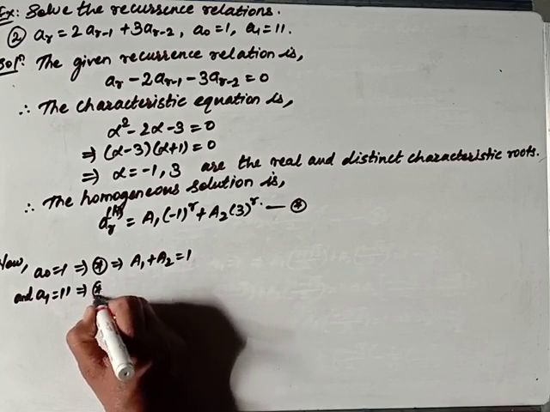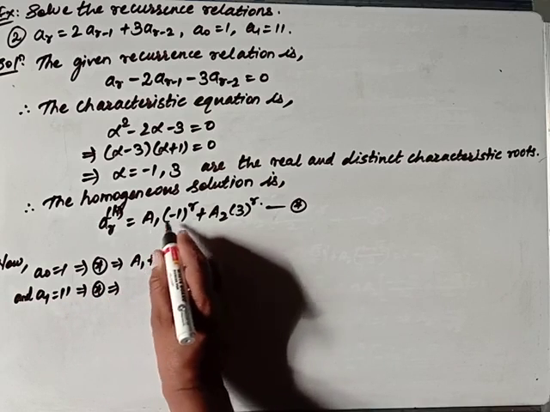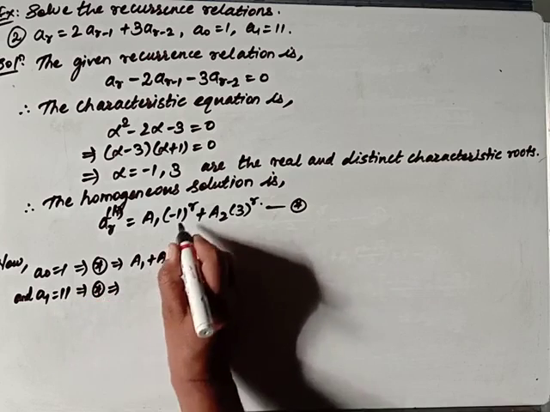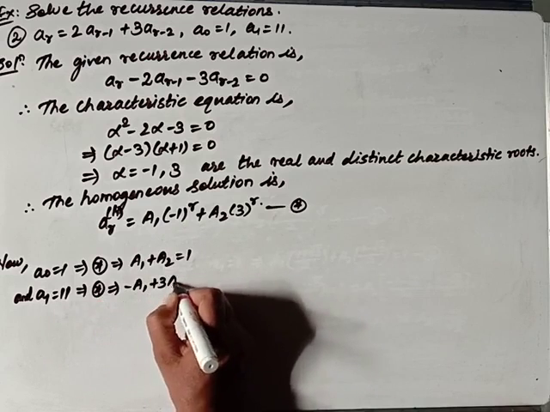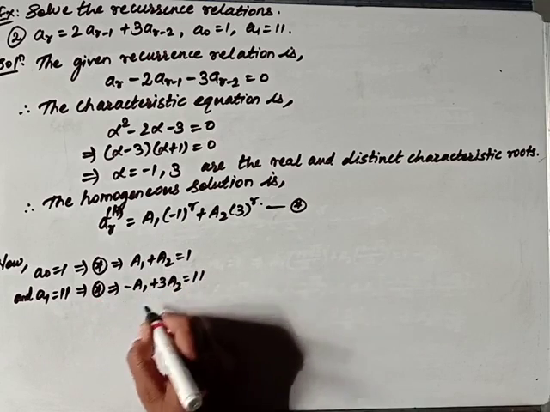So again it becomes minus A1 plus 3 A2 equals 11.